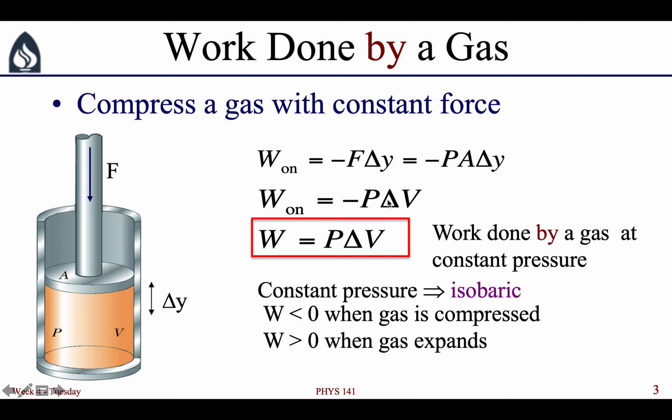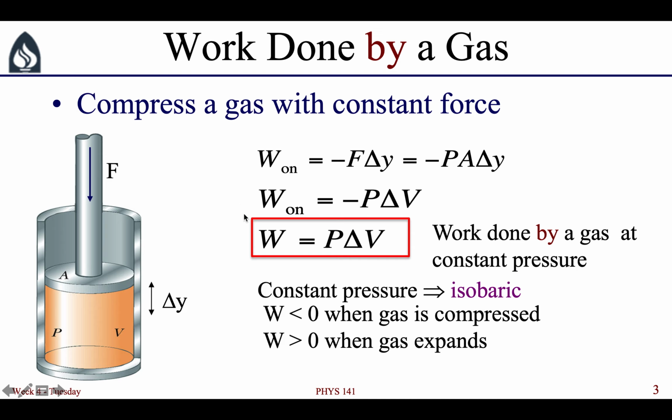The delta V is negative if we compress the piston. Delta V is negative, and we know we want positive work, and so that is going to be equal to minus P times delta V. So we need that minus sign to ensure that if we compress the gas, the work done on the gas is positive.